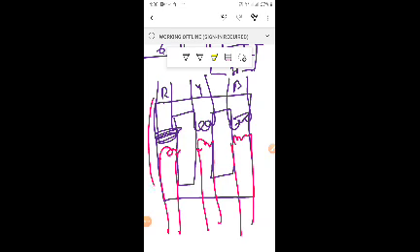One limb has the primary and secondary, the center limb has the primary and secondary, and the third limb also has primary and secondary winding. So this is the three-phase transformer. RYB is given to this winding.